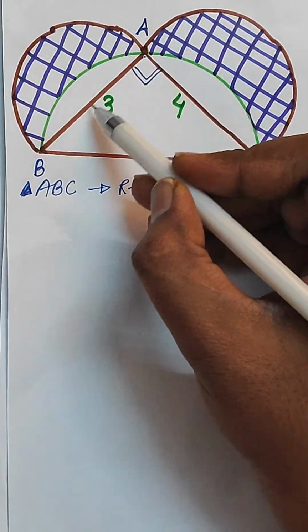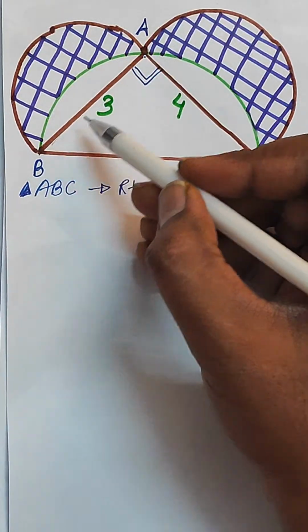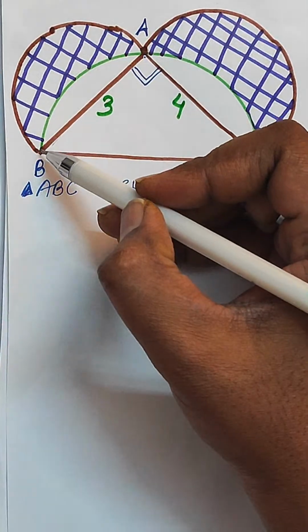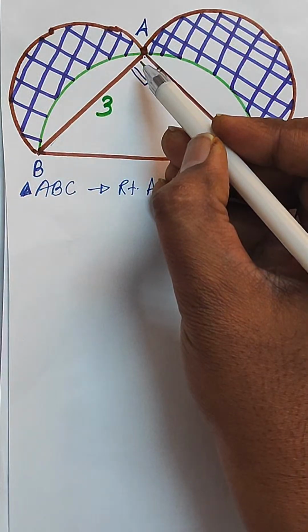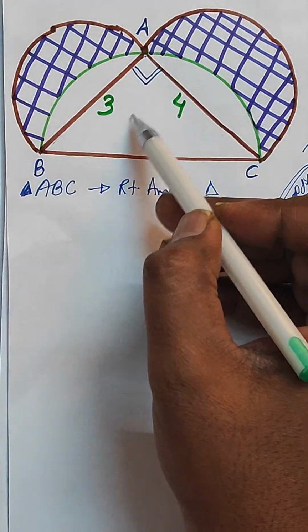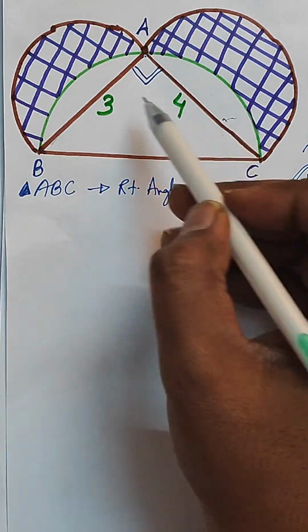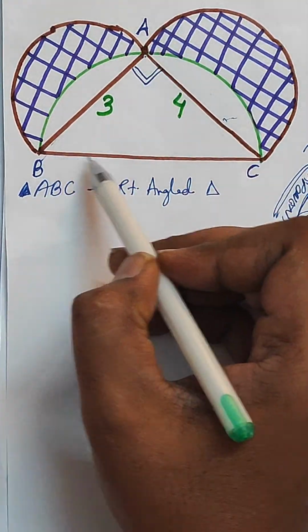Just think, I'm just speaking for the right angle triangle ABC. So let us say if AB is the base, on this base a semicircle is drawn. Okay, let me read out the question first. In the given figure, triangle ABC is a right angle triangle at A. Semicircles are drawn on the three edges AB, AC, and BC.